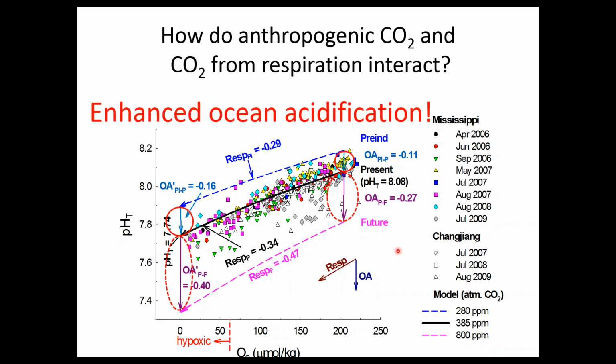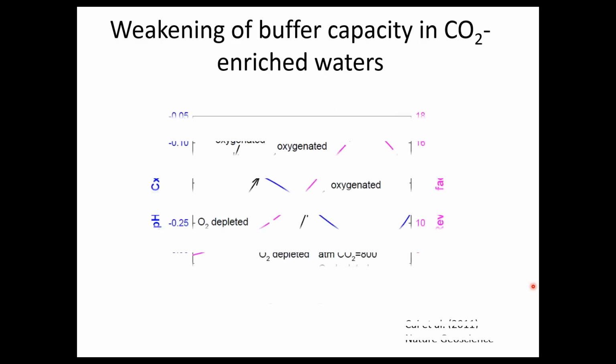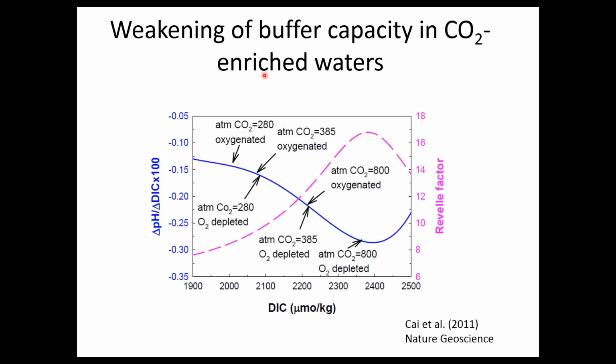That's what I call enhanced ocean acidification because of this CO2 introduced from respiration. You can also say it the other way: ocean anthropogenic CO2 amplifies the biological signal. It's the same thing when you discuss it theoretically. The reason behind that is this weakened buffer capacity in CO2.